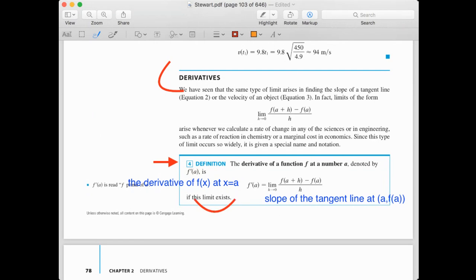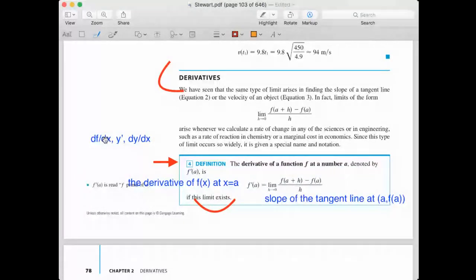Let me see if I have any questions. Why do we write f prime of a? What does prime stand for? Oh, it's just a notation. Later on we'll see different notations, like df over dx, and sometimes we see y prime, sometimes dy dx.